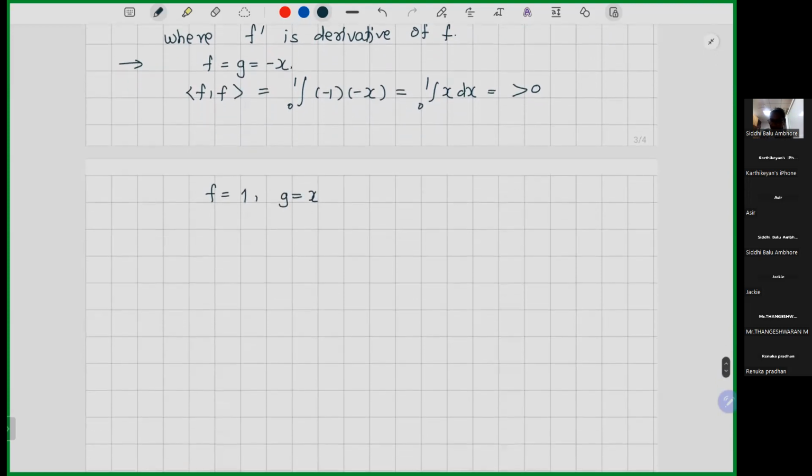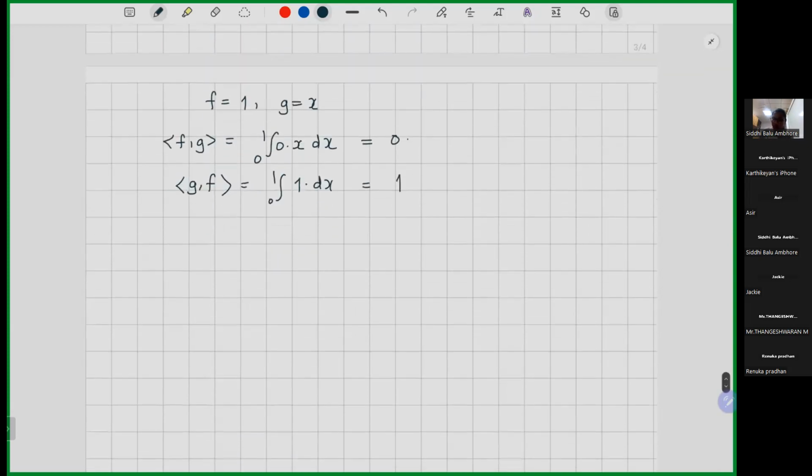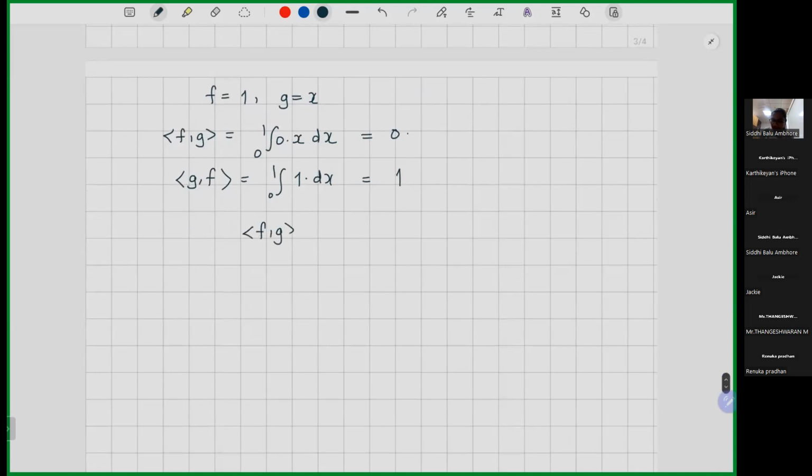Let us do this and see what happens. f comma g will be the integral from 0 to 1 of 0 into x dx, which is 0. But g comma f is the integral from 0 to 1 of dx, which is 1. So clearly f comma g is not equal to g comma f.